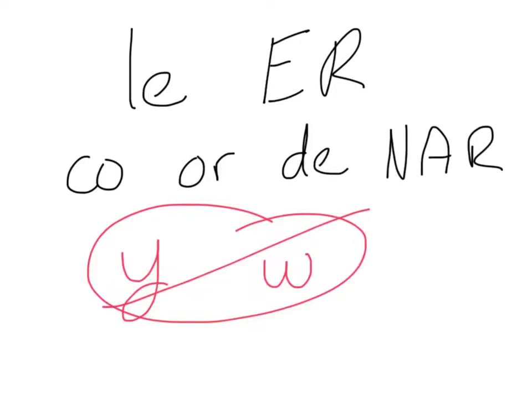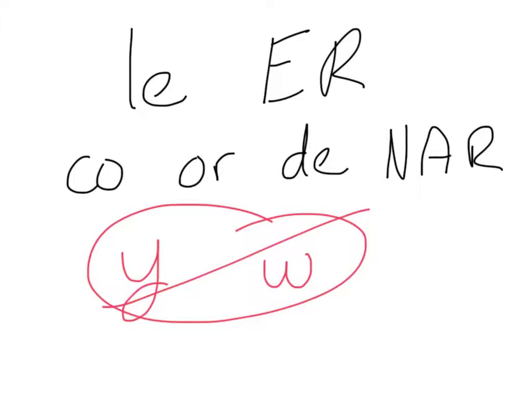However, when a vowel is repeated within a word, like two E's or two O's, the vowels are pronounced as two syllables that glide together. For example, leer or coordinar. So you notice there are two different syllables, but they're not quite as strong as if there was an accent in there.